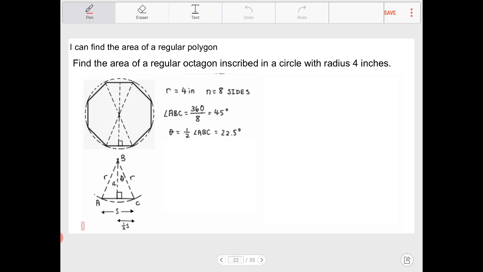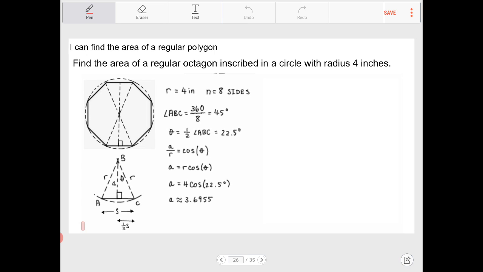Because I am given the radius, which in this case is the hypotenuse, and I need to solve for the height again, and that height happens to be adjacent to theta, I'm going to use cosine. So a over r is equal to cosine of theta. Substituting in the things that I know, a is equal to 4 times cosine of 22.5.